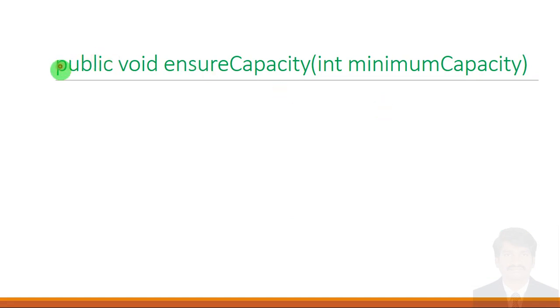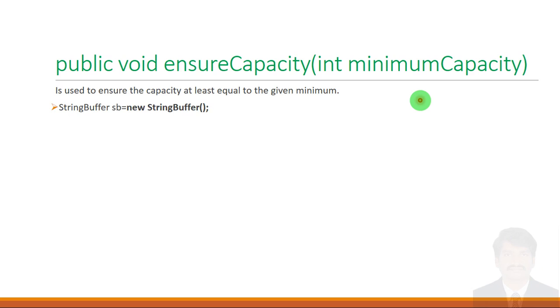Next one, public void ensureCapacity. Guys, this is a very important method, used to ensure the capacity is at least equal to the given minimum. Guys, let me show you. I am creating string buffer using default constructor. As we all know, the string buffer will be created with capacity 16.